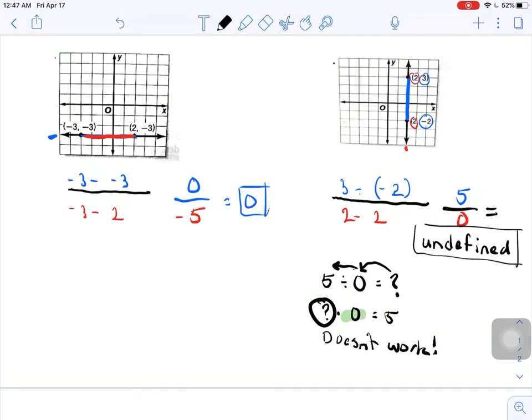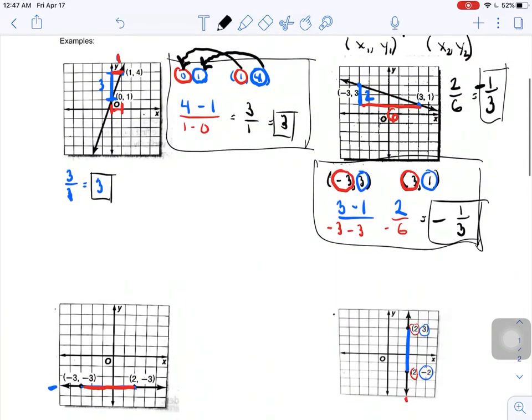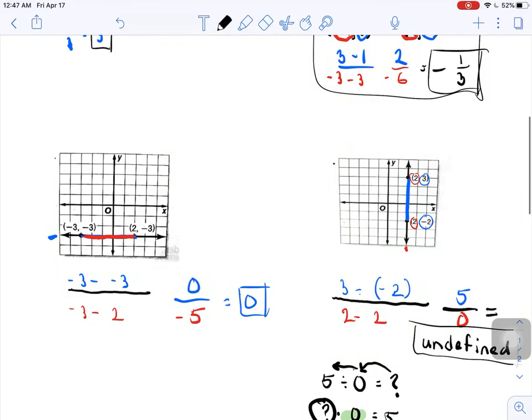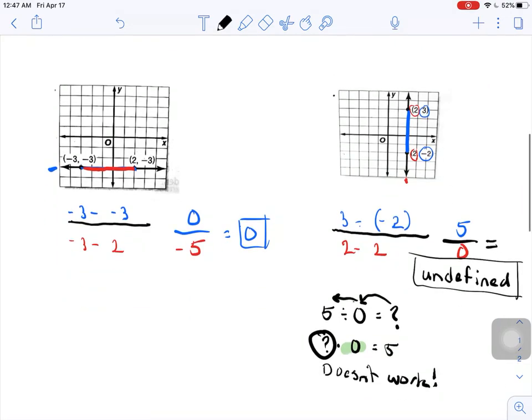So if you have a line that is running perfectly up and down, it will always have a slope or a rate of change that is undefined. So there are 4 different things that can happen with your rate of change or your slope on a graph. It can be positive if the line's going up, negative if the line's going down, 0 if the line is running straight across horizontal, or undefined if the line is running up and down perfectly.